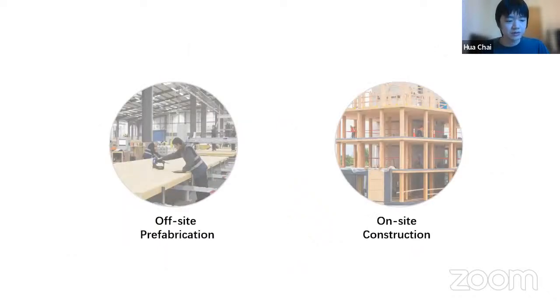For timber construction, there are two types of construction paradigms or scenarios: offsite prefabrication and on-site construction. So in our research, we try to rethink the potential of these two construction scenarios based on the possibilities brought by the robotic construction platform.